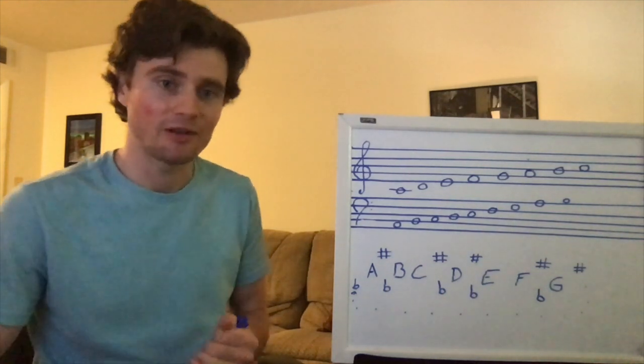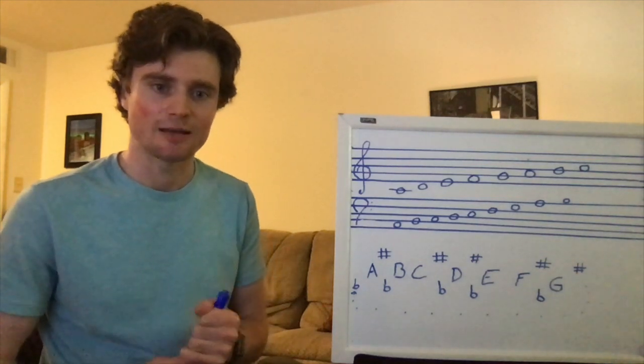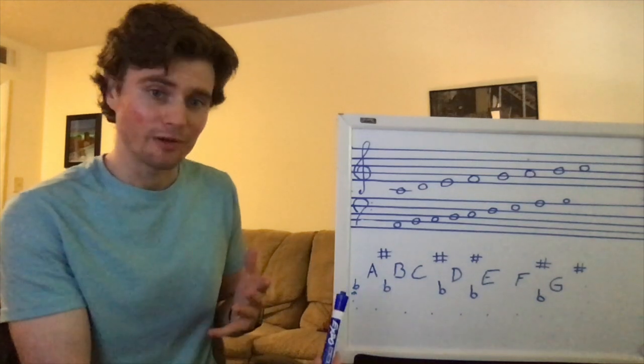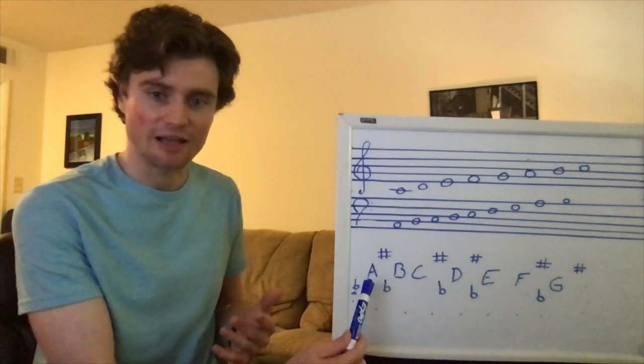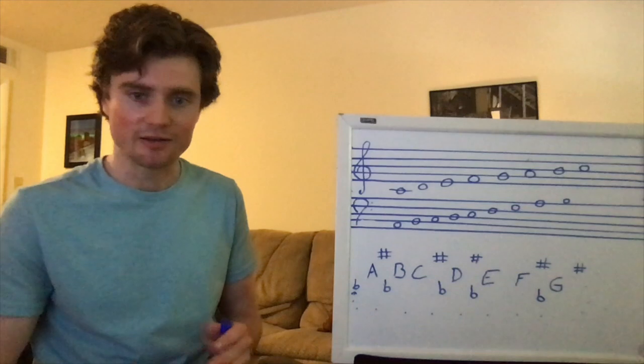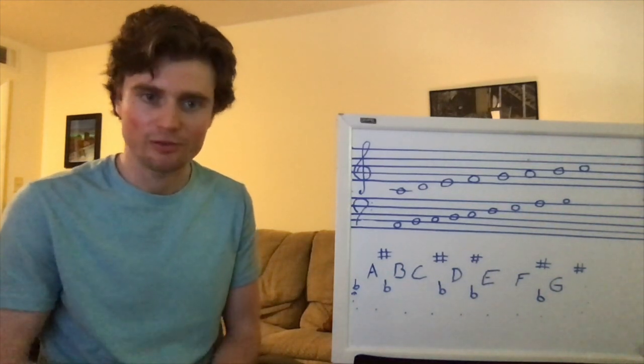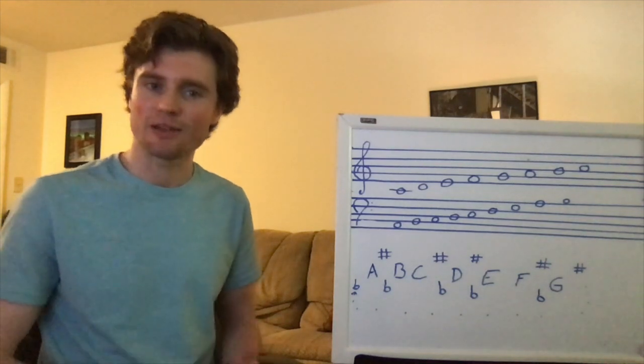The first thing we need to understand is the basic concept of the musical alphabet. Unlike the traditional alphabet that we are all familiar with, the musical alphabet is just the letters A through G. I'm sure you've all heard the term sharp or flat before, but we don't really know what that means.